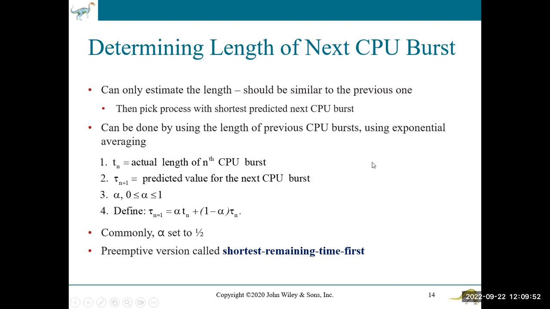The important thing to understand is that being able to assess the length of the next CPU burst can be useful for an operating system, because different CPU scheduling methods could be implemented based on the context.